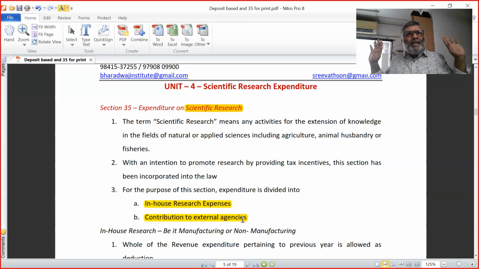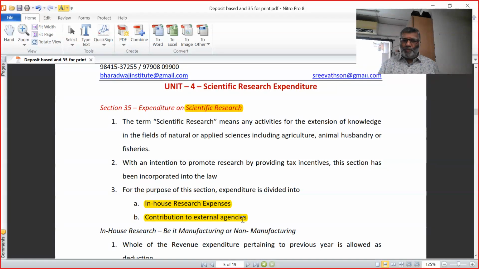All those weighted deductions are gone now. It is not from your year, from financial year 2021 itself, it is not there. 31/3/20 is the last year for weighted deductions. They have removed it.